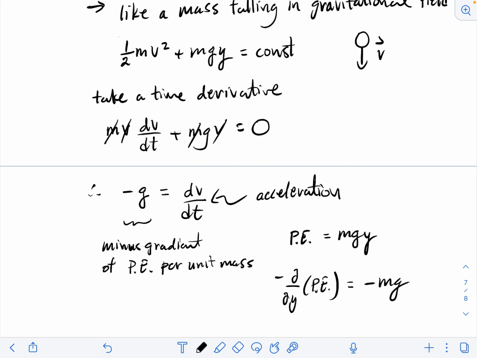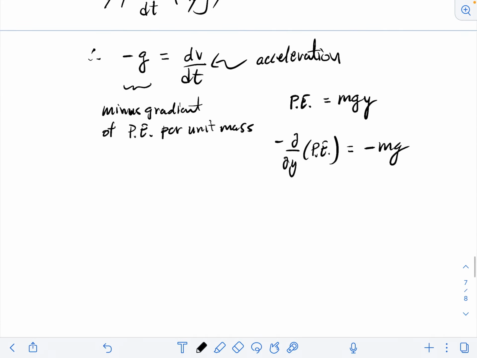So in some ways, our equation of motion for the fluid is analogous to a mass falling in a gravitational field. If we were to include, say, air resistance, then our equation of motion for our falling mass would be modified with an additional loss term.